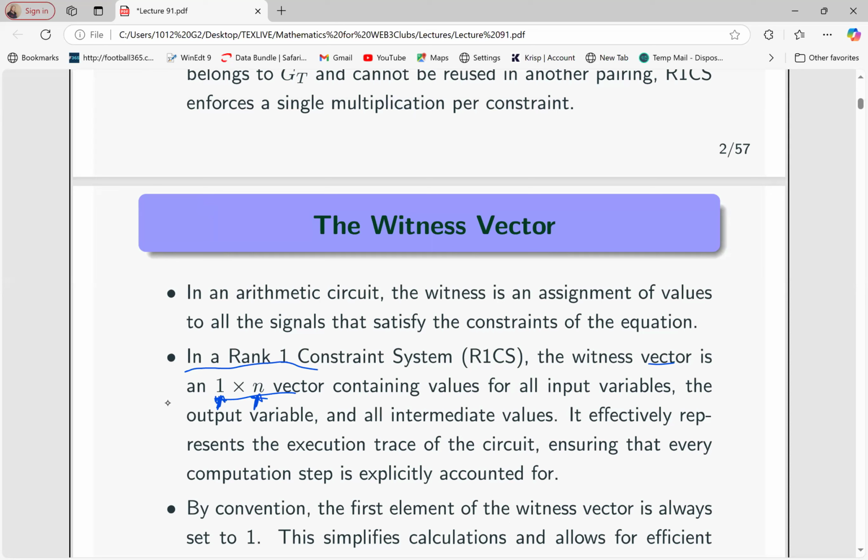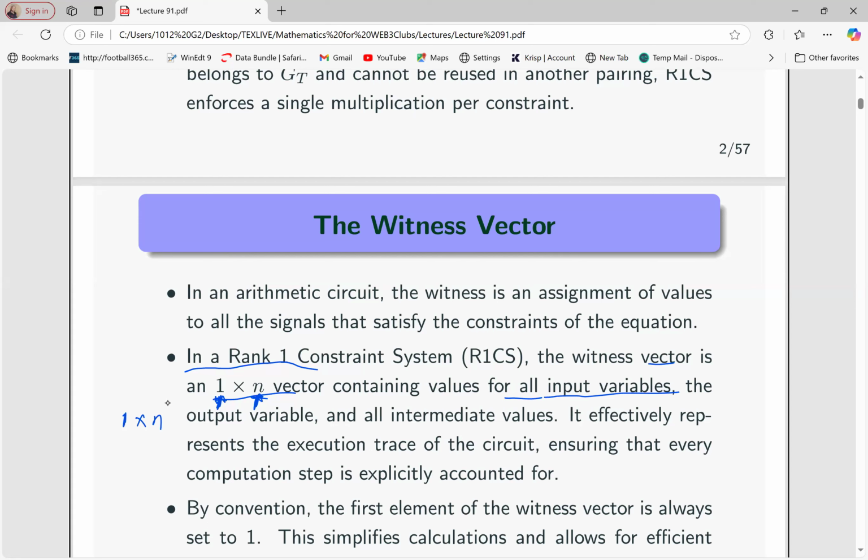The first number stands for the number of rows, and then the number of columns. So our witness will be a vector that has one row and n columns, and it will be containing values for all inputs.